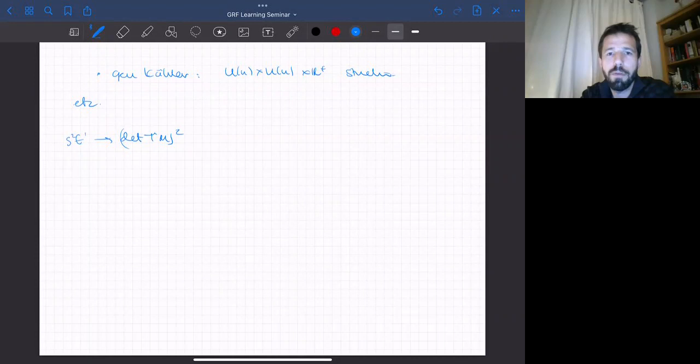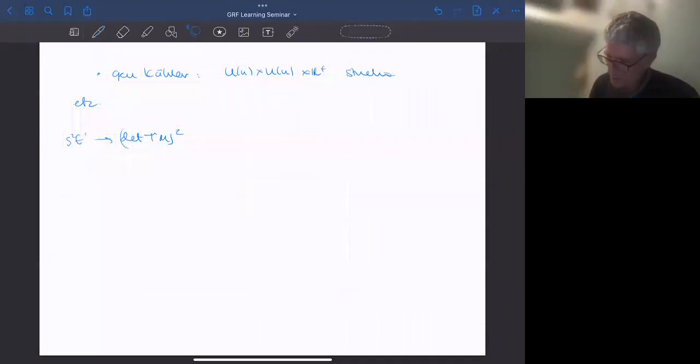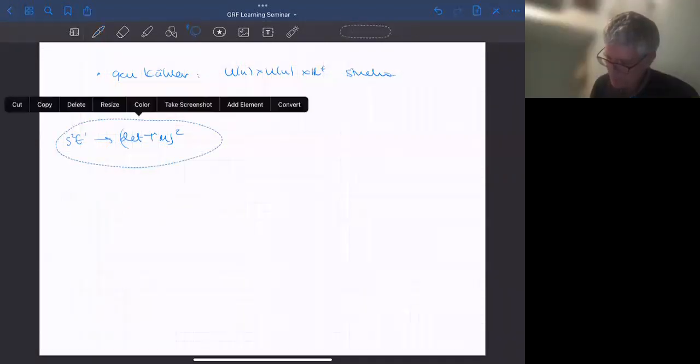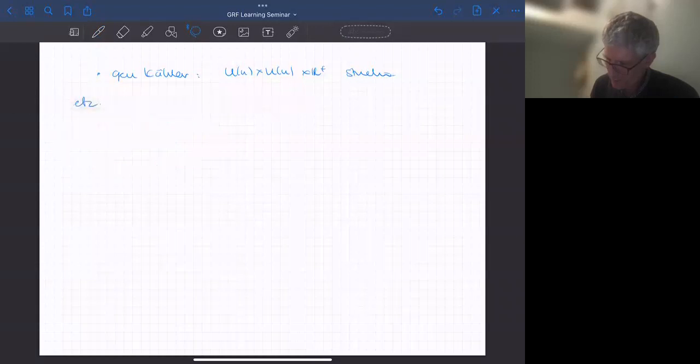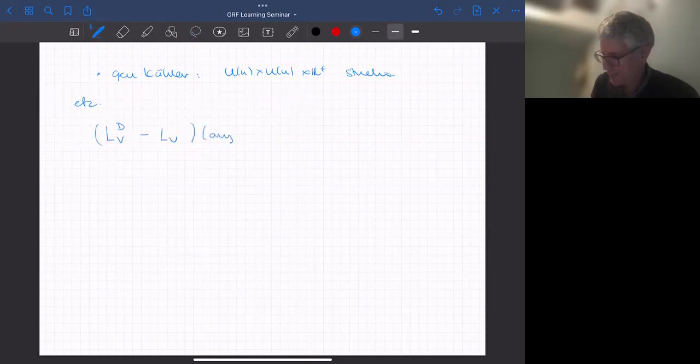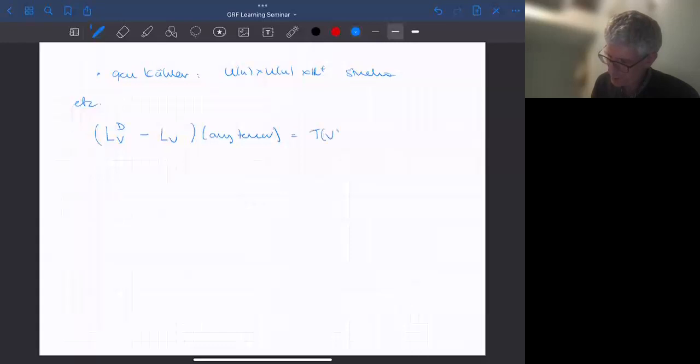So I define torsion by saying that if I take the generalized Lie derivative calculated with the connection, minus the ordinary generalized derivative acting on any tensor, this is some torsion acting on the tensor.